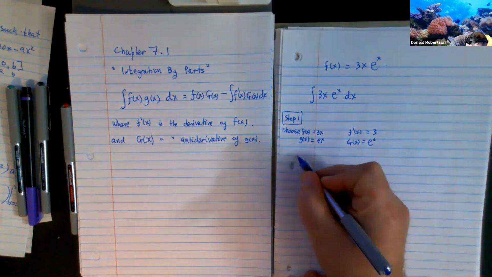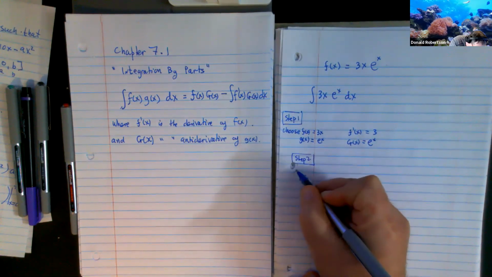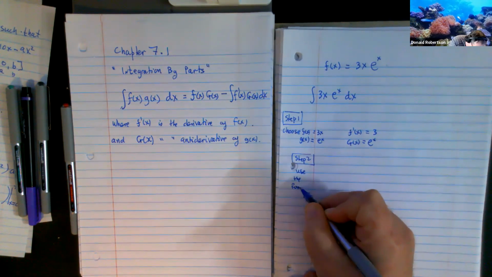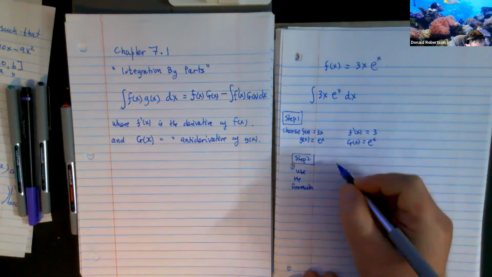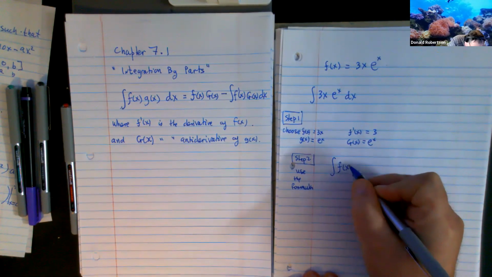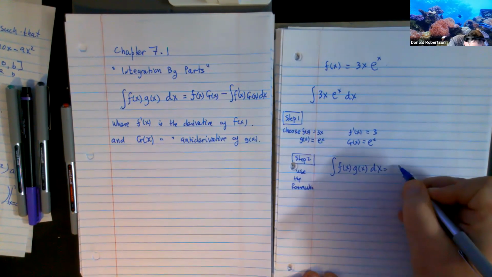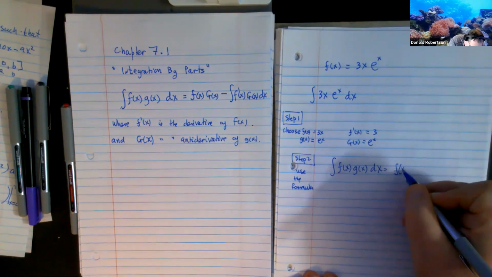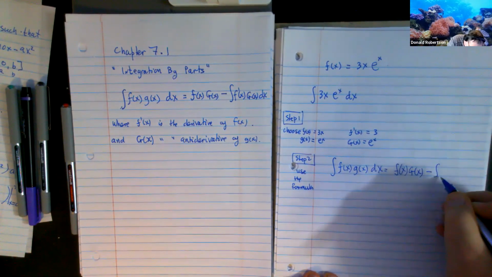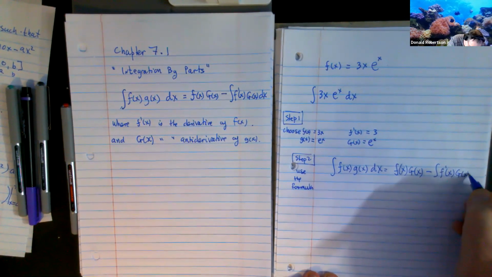Right, step 2 now. Use the formula. So here goes. The integral of f of x, g of x, dx is going to be f of x, capital G, take away the integral of f dashed x, capital G, dx.